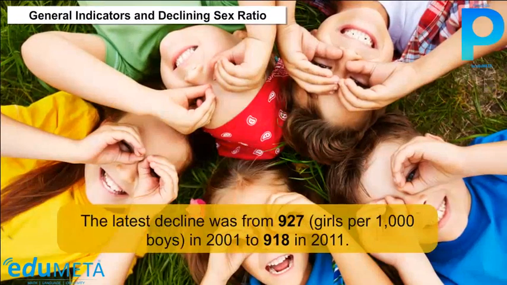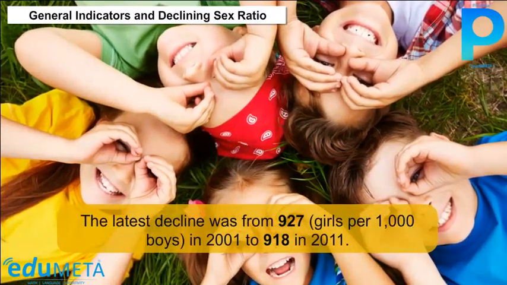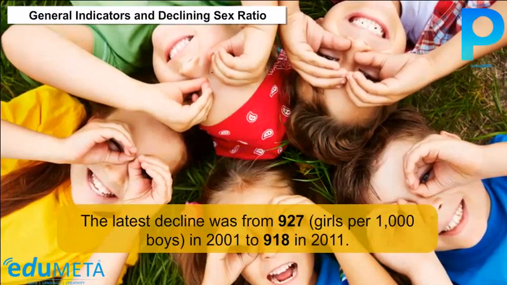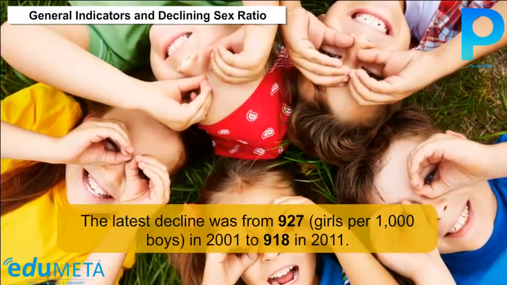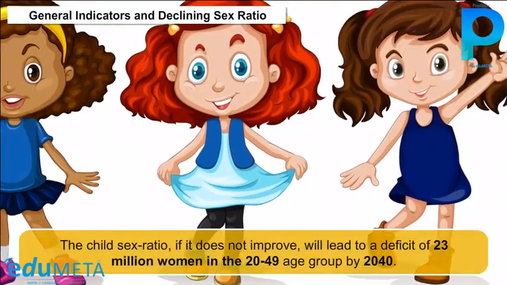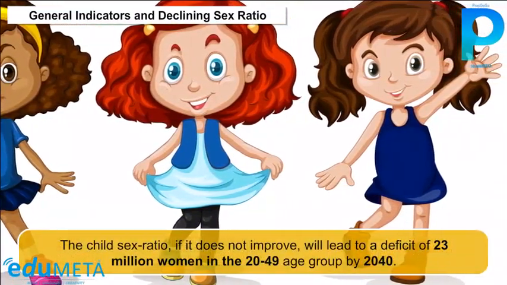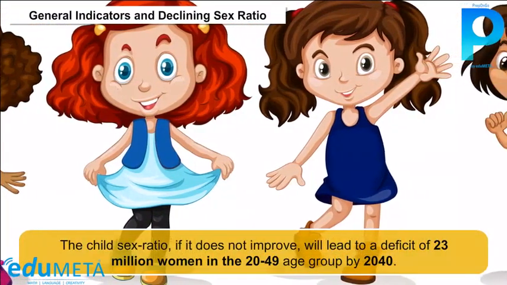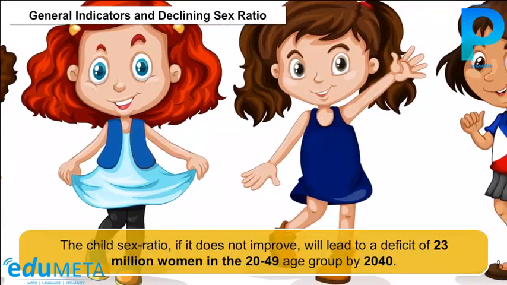The latest decline was from 927 girls per 1,000 boys in 2001 to 918 in 2011. If the child sex ratio does not improve, it will lead to a deficit of 23 million women in the 20 to 49 age group by 2040.